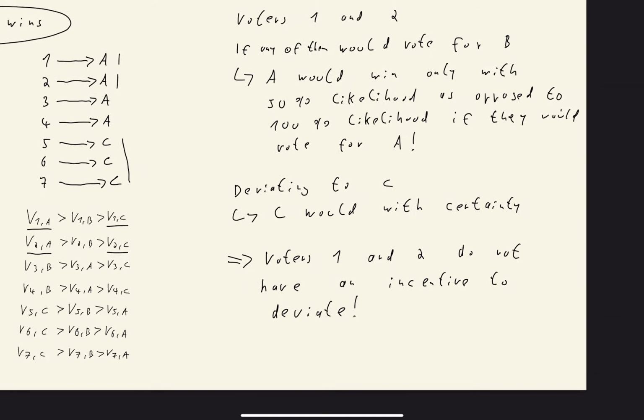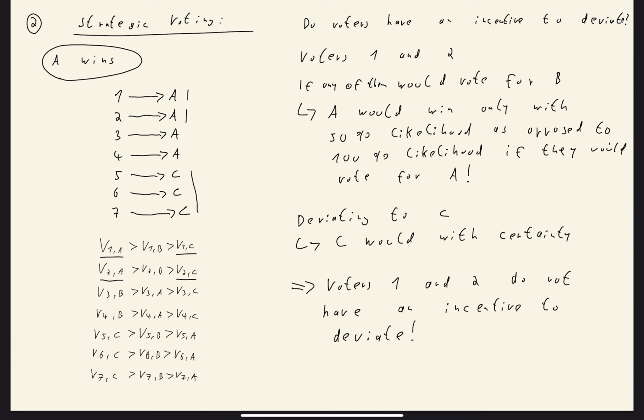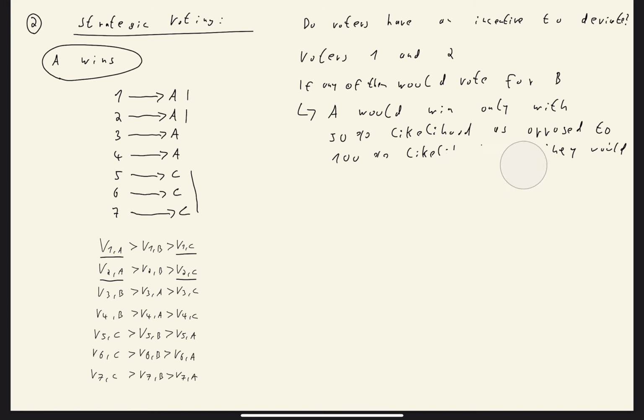Okay, so this is the result for voters 1 and 2. Now we can go and check the other voters.